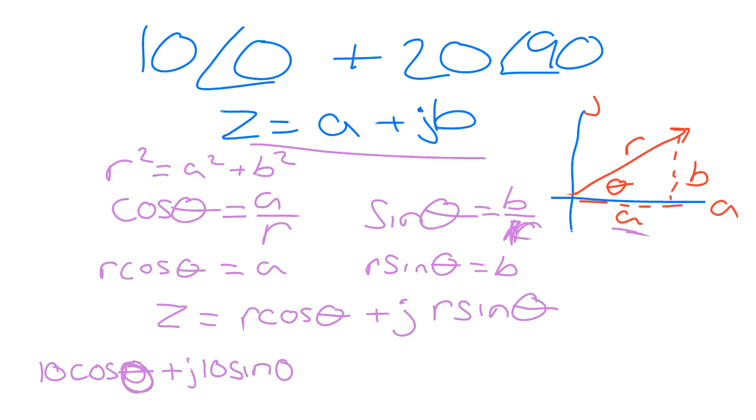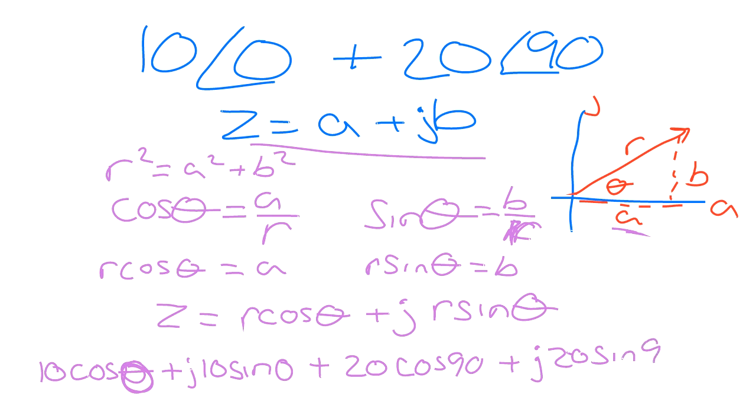And then we're going to do the 20 at angle 90. So we're going to do plus 20 cosine 90 plus, don't forget the j, 20 sine 90.